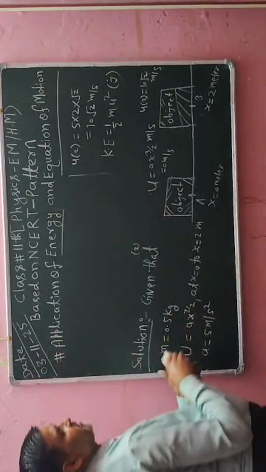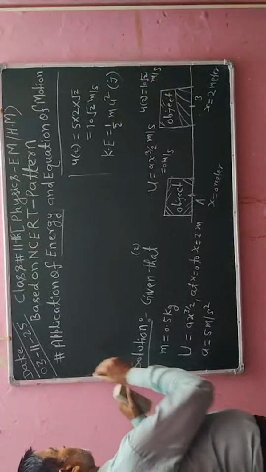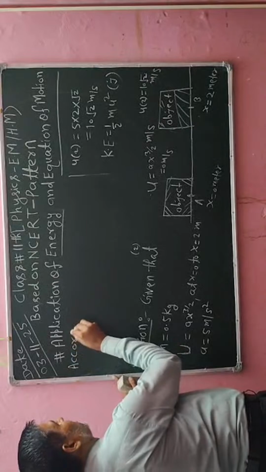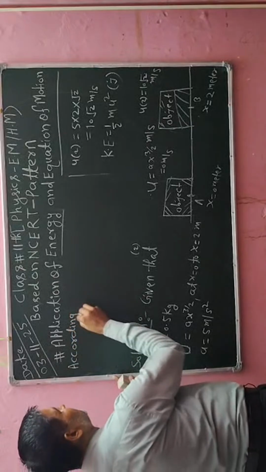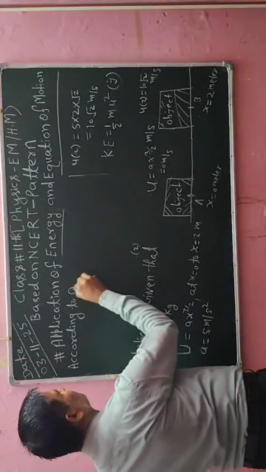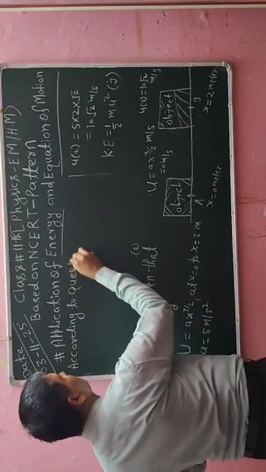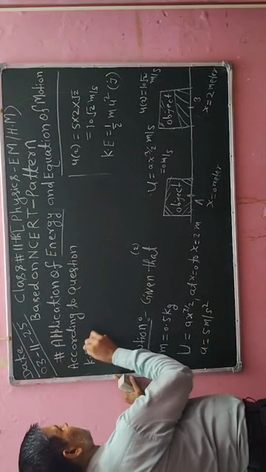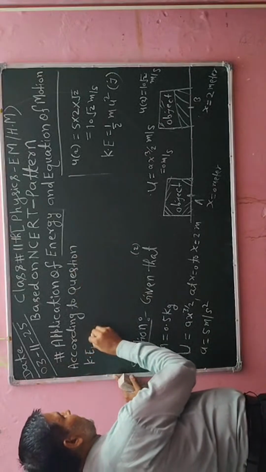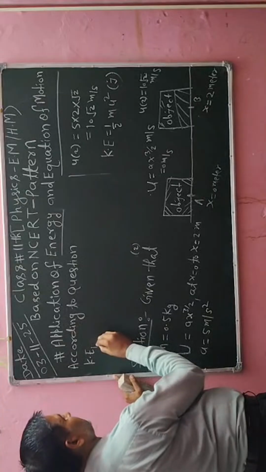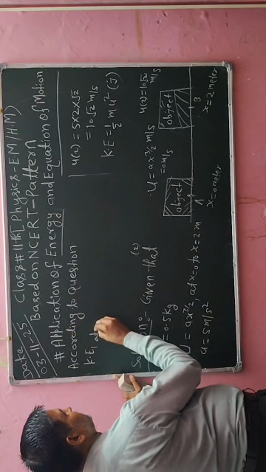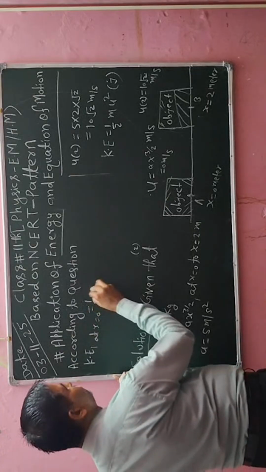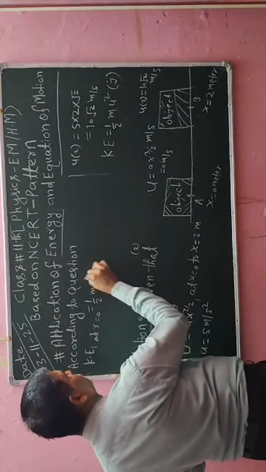I will calculate the kinetic energy at point A, and similarly the kinetic energy at point B. So I will write here, according to the question, kinetic energy KE1 at point x equal to 0 is 1/2 m u square.